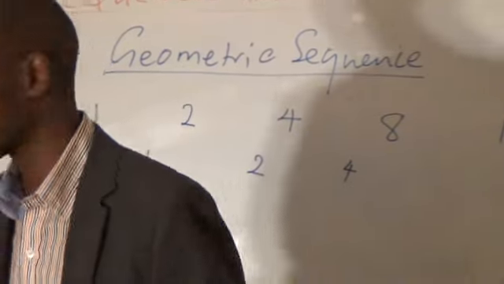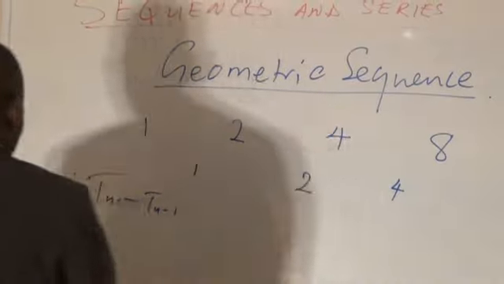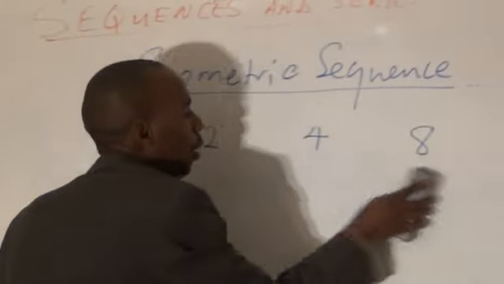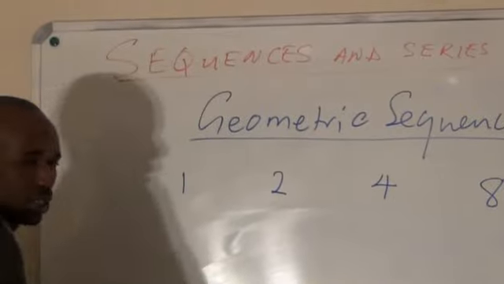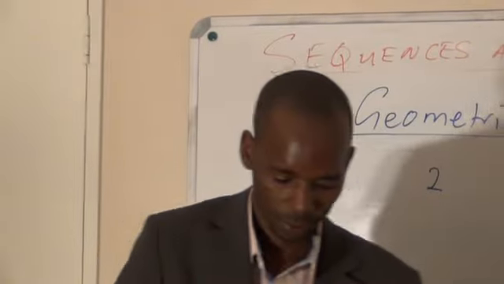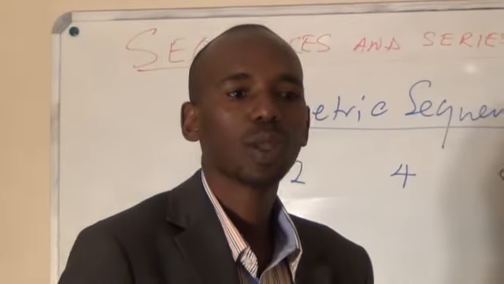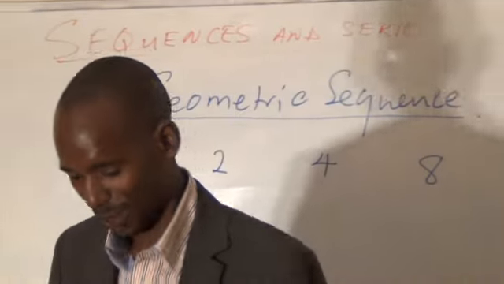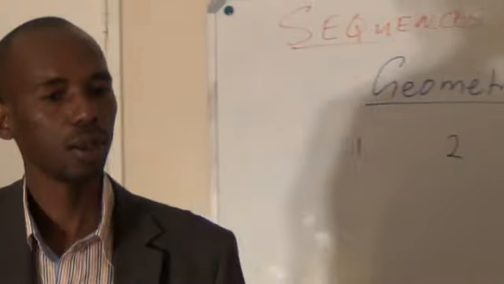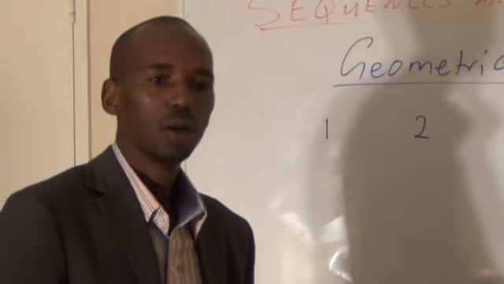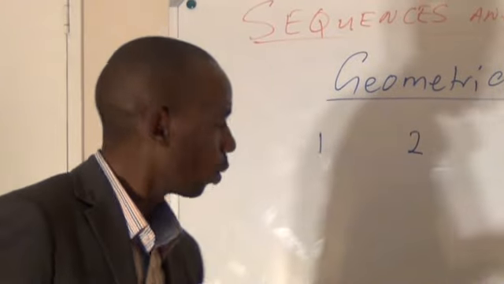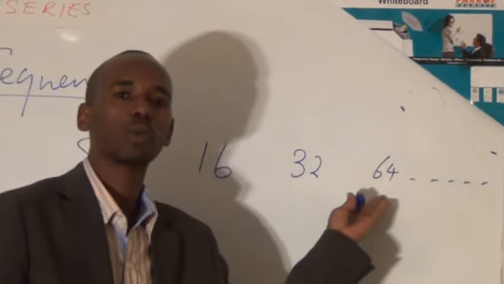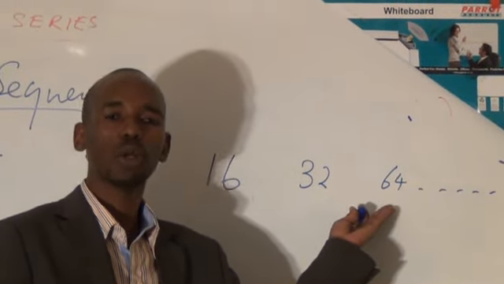What are we doing in this case? Someone clever to tell me. How are we moving from one term to the next? Multiplying by 2. We are multiplying by 2. Very good. So if I wanted the term after this one, I would simply multiply this 64 by 2, and I get 128.